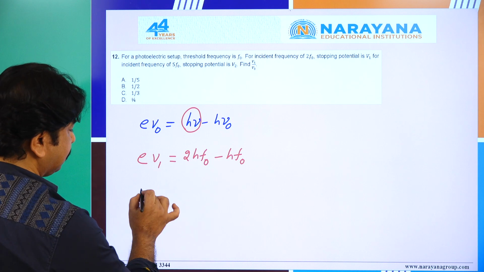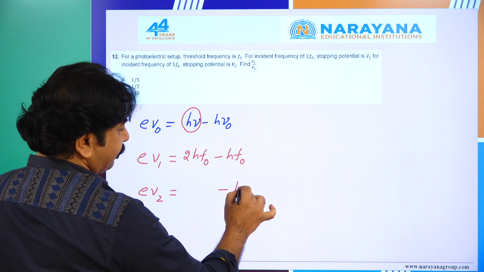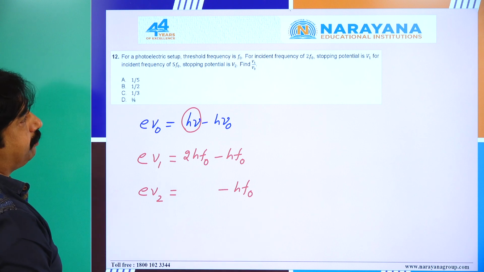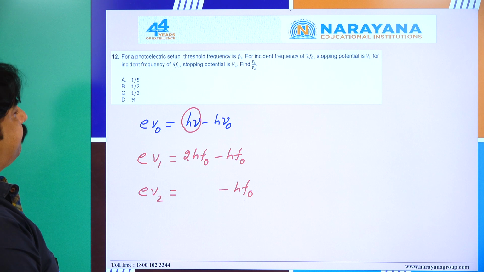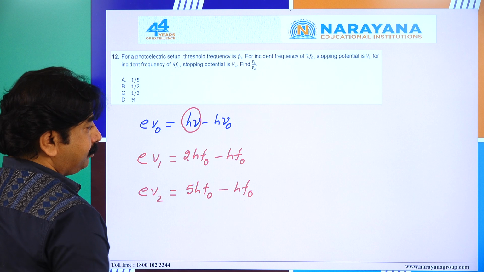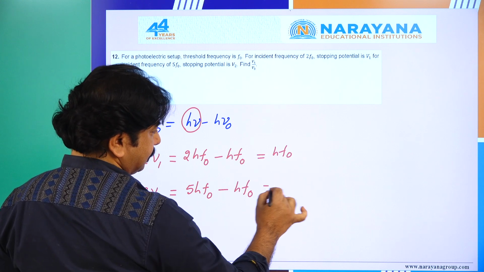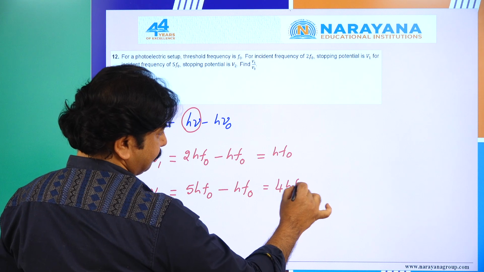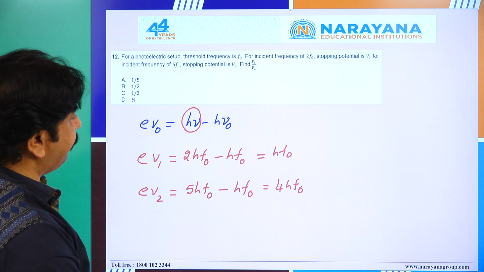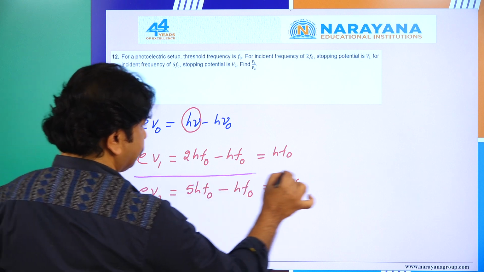In the second case, eV2 is equal to minus hF0, as the work function remains the same because the material is the same, and incident frequency is 5F0, so this becomes 5hF0. So the result of the first one is hF0, the second 4hF0. They are asking about V1 by V2, so directly you can calculate that also.